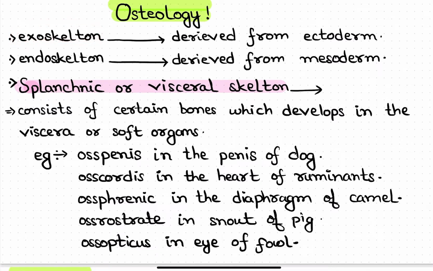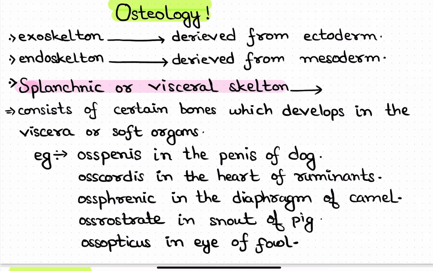Exoskeleton is the group of bones which is present on the outer side of the visceral cavity, like your ribs, your limbs, skull. These are certain exoskeleton, and this exoskeleton is derived from ectoderm.